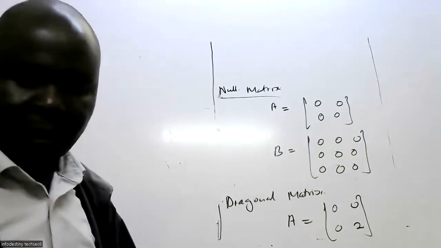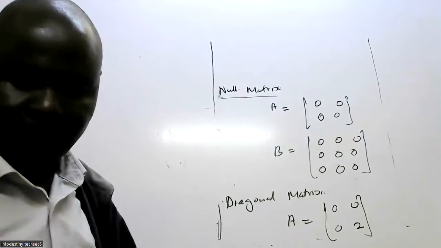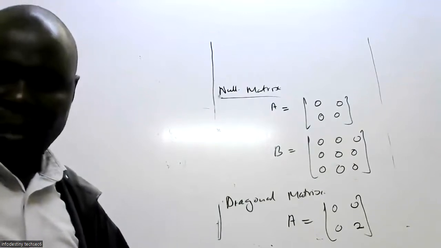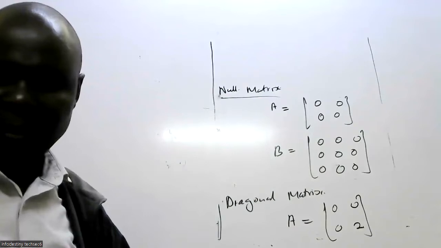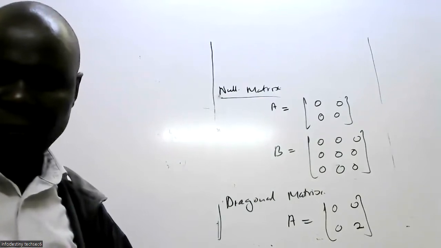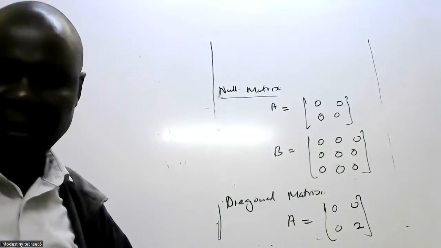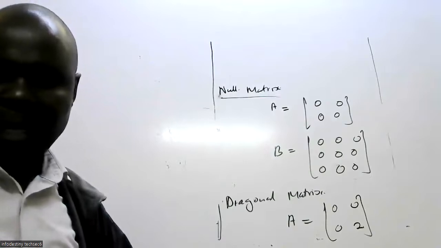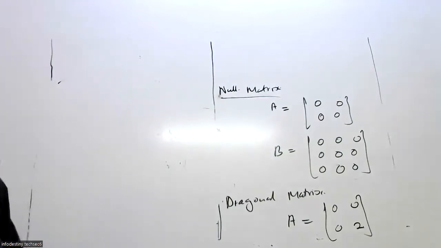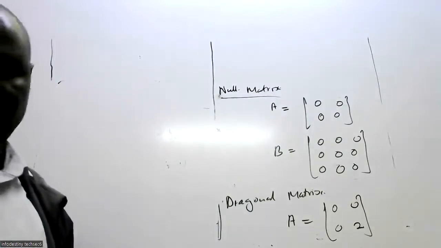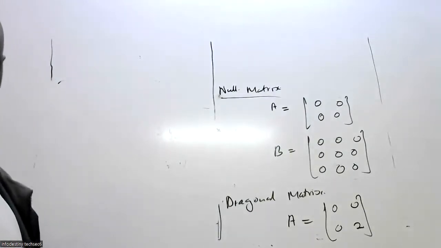When two or more matrices are subtracted, this is only possible when the matrices are of the same order.